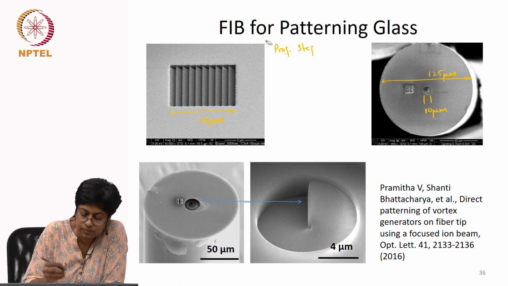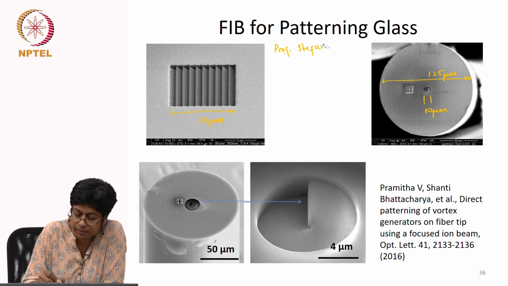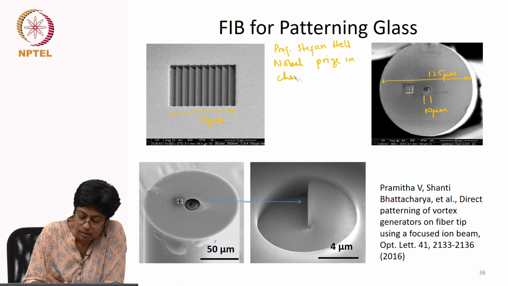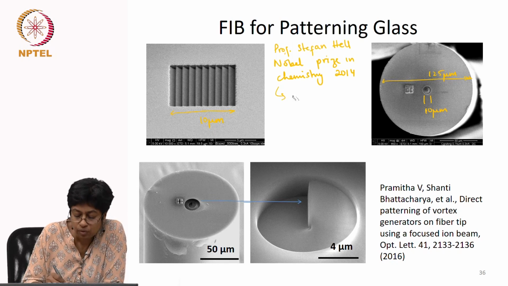So maybe some of you will remember his name. He won the Nobel Prize in chemistry in 2014 for advances in fluorescent imaging.